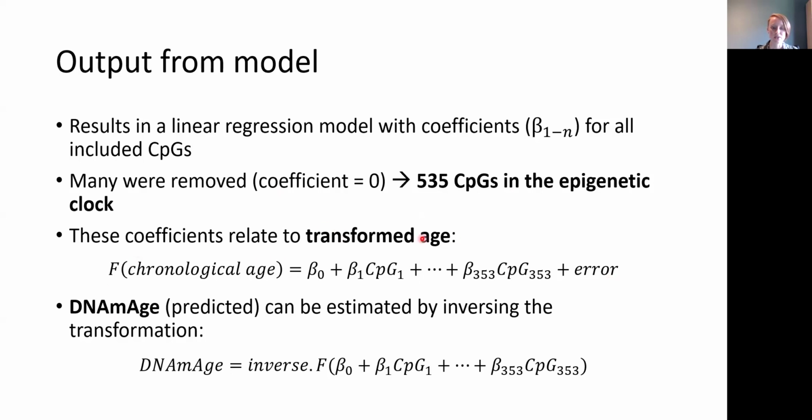You can then use the predicted age, or you can inverse the transformation on the predicted age to get the actual age on the same scale as the original age, which is much more useful to actually conceptualize. So they built this function here called inverse f, which again, we will see a bit later.